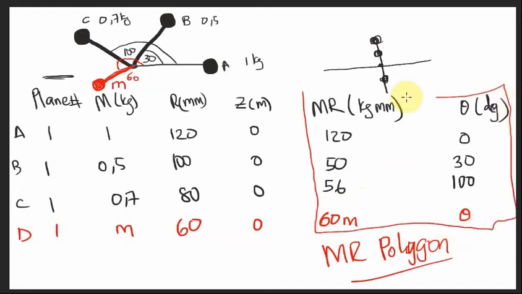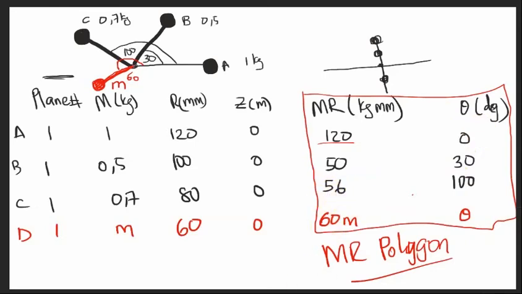The values we need are these ones: a force of 120 at an angle of 0, so it's horizontal, then 50 at an angle of 30 degrees, then 56 at an angle of 100 degrees.